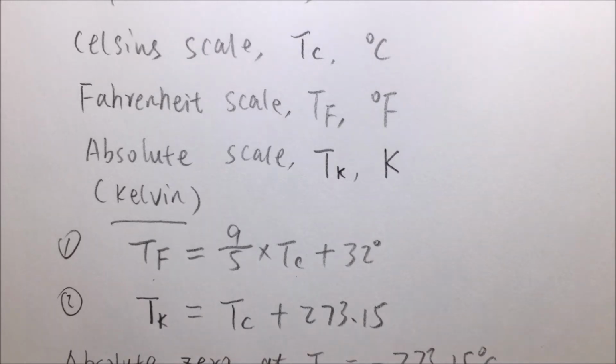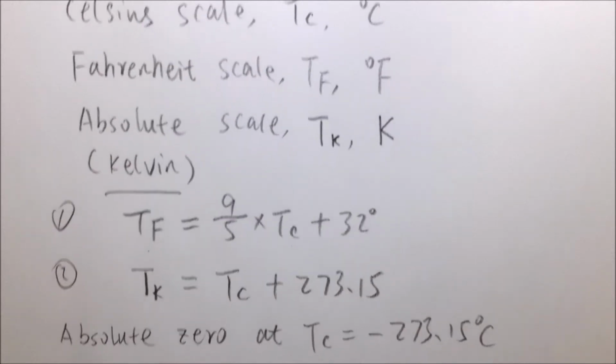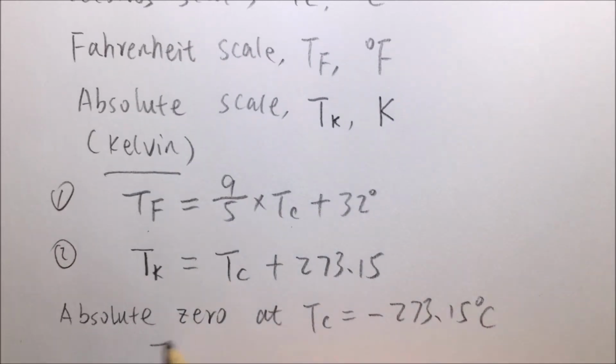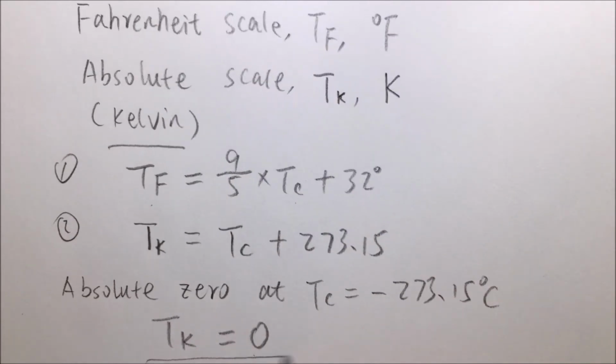So absolute zero means the Kelvin scale temperature is zero. So that's the lower limit for the whole universe. You can never reach or produce a temperature equal to or below 0 K.